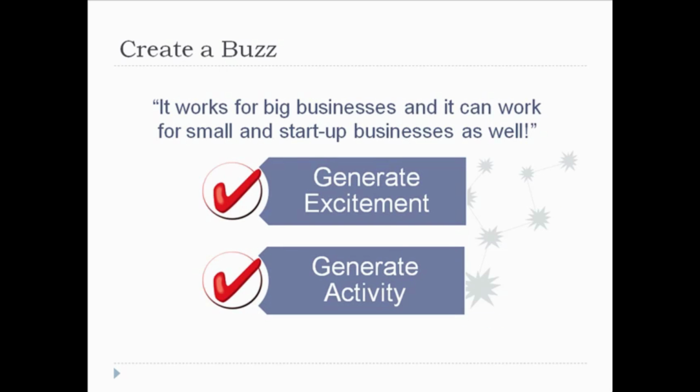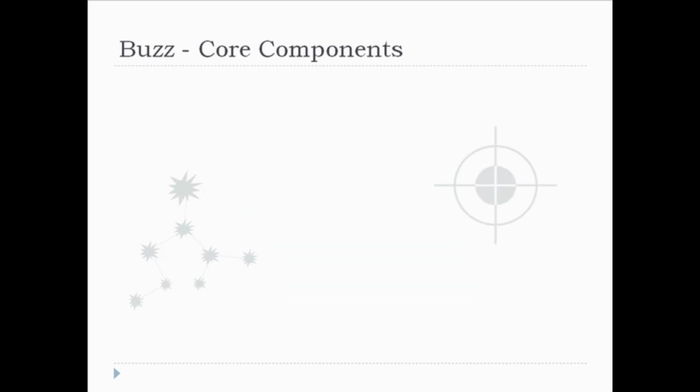Now, the planning stage of viral marketing campaigns will set out objectives and develop the viral theme for a buzz. There are three core components to any viral campaign, and businesses of any size can use them. They are: number one, the creative content.